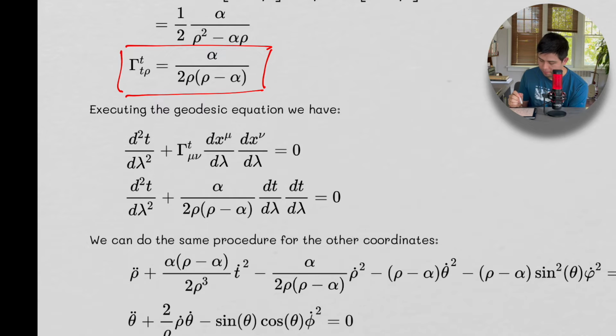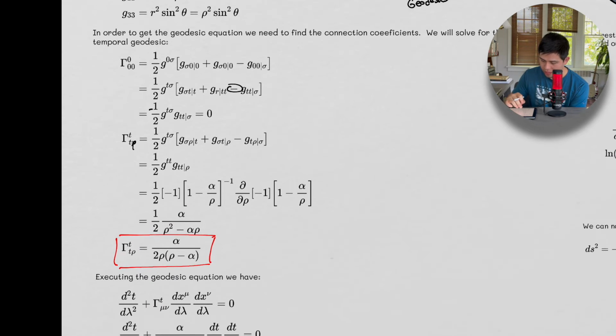Because if we want this to be TT rho, that's going to be this guy right here, and T and T, right? So mu and nu are going to be equal to each other, which is why we have this.